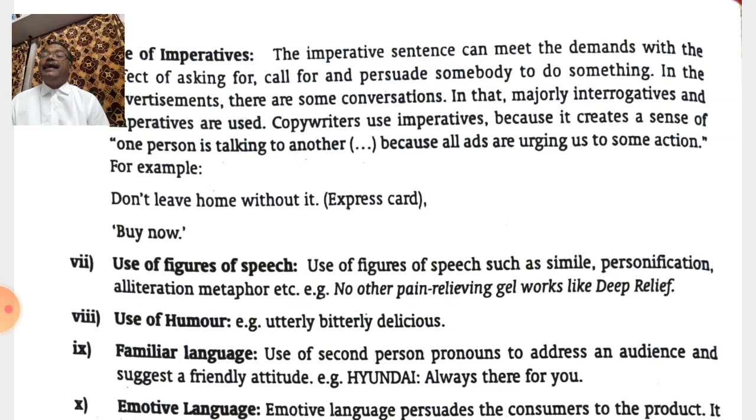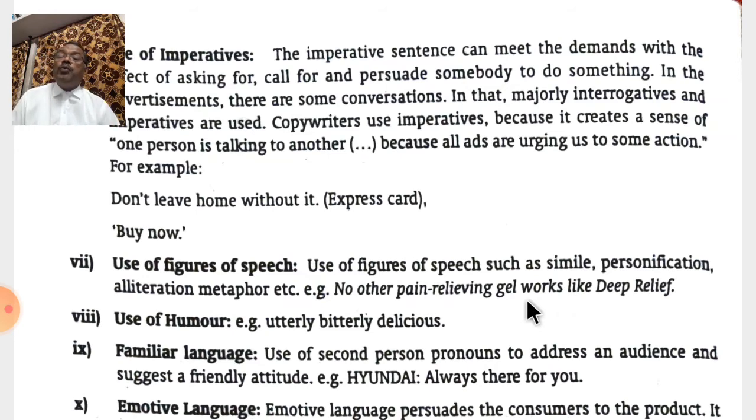It is like a rose. What do we say? Like a fresh flower. Metaphor. It's not a product, it's your life. Metaphor. Use of humor.